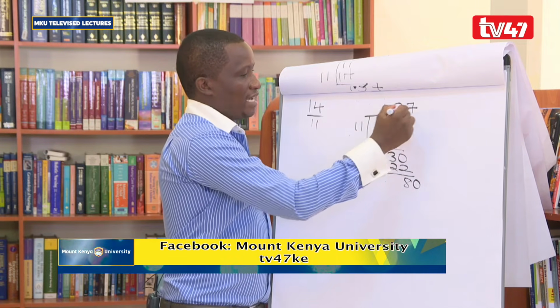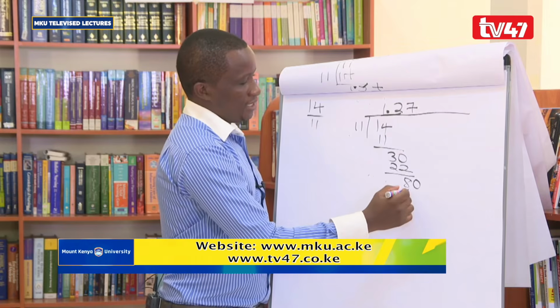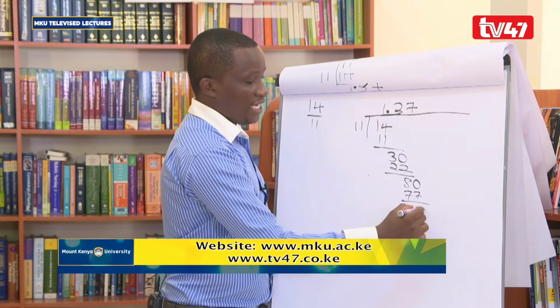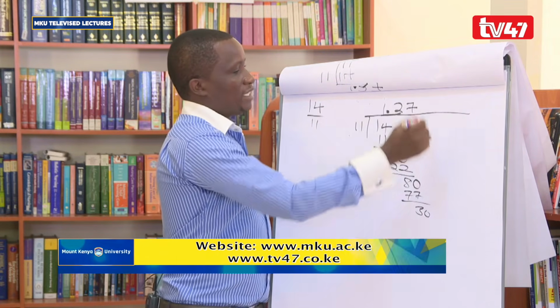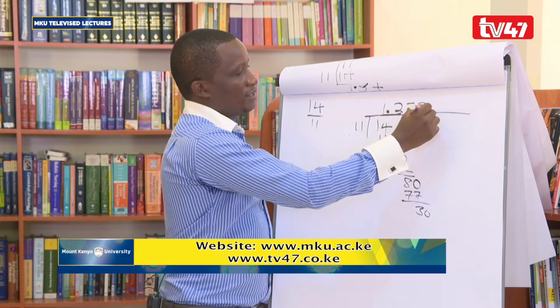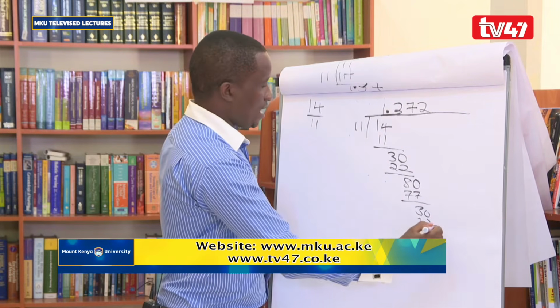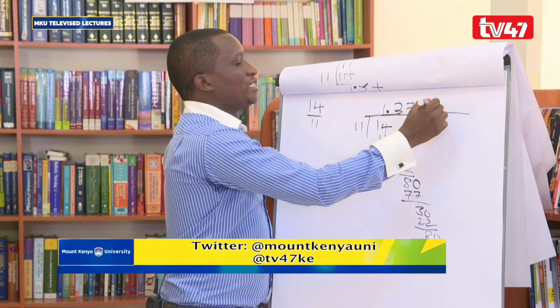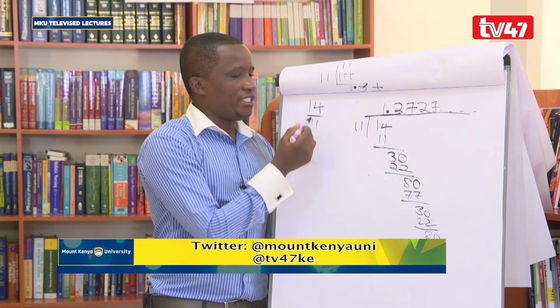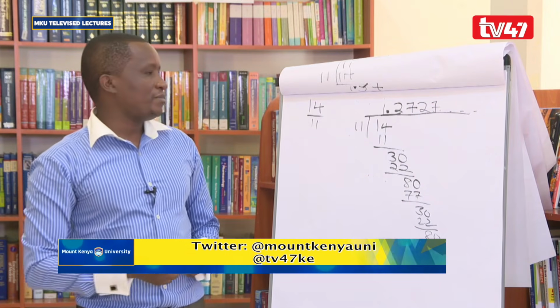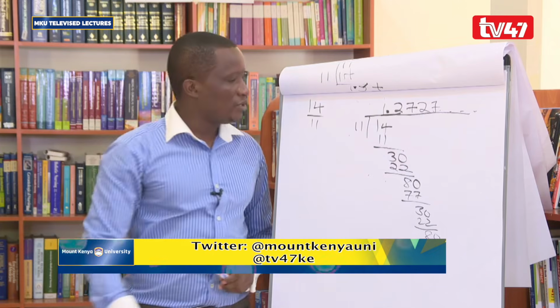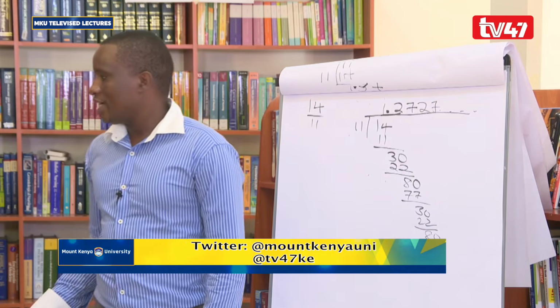It goes 7 times, so that this is 77. We have a 3. So put a 0. It goes twice because of 22. You can see that this will keep on repeating, and therefore the rational number representation of the recurring decimal is 14/11.